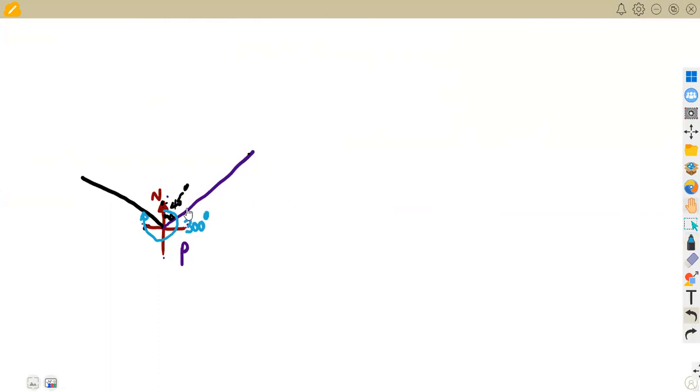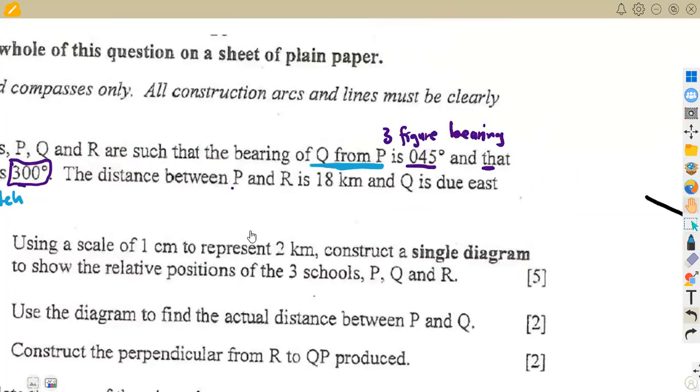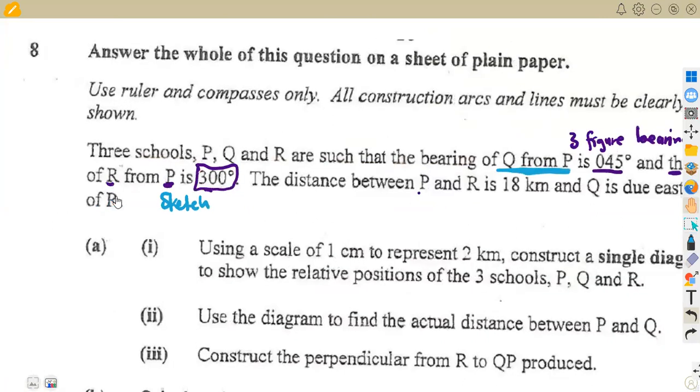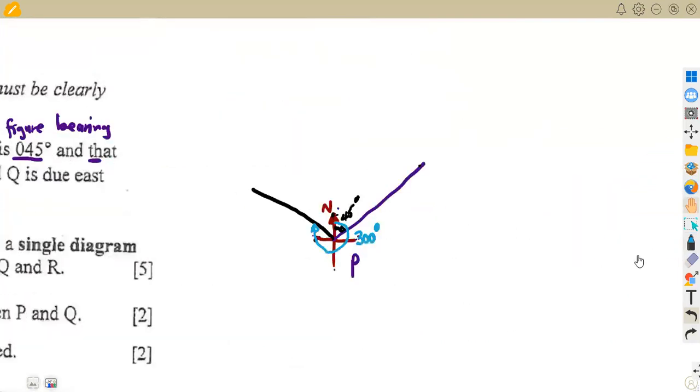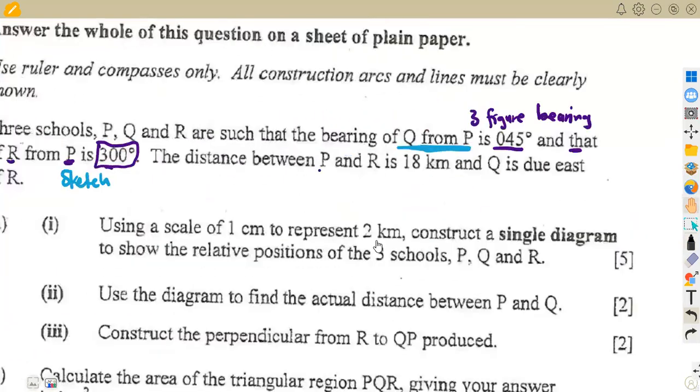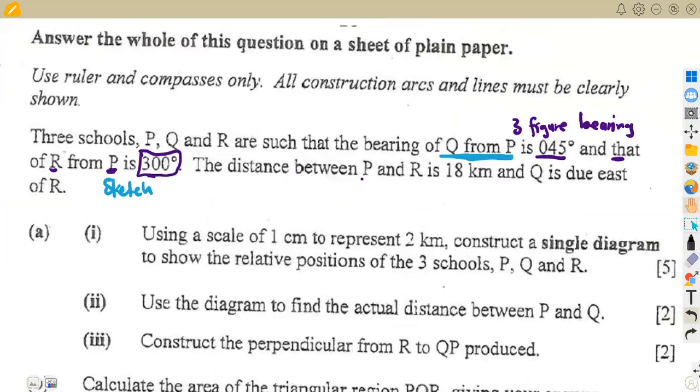And in this case, we are expecting R to be along this line. We do not know exactly where the R is. But if we continue with this statement, we are also given that the distance between P and R is 18 kilometers.